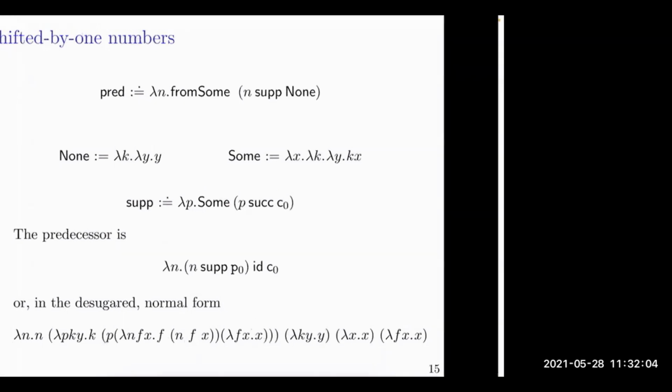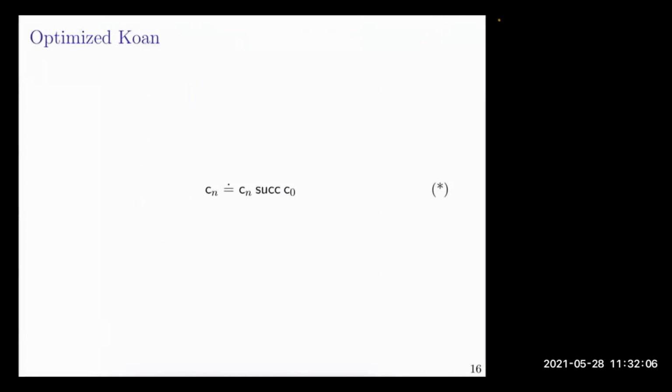Okay. There are slight optimizations we can do. So here again, our expression: the left-hand side is a church numeral, and so the right-hand side is also a church numeral. And we know all church numerals start with lambda f, lambda z, right?